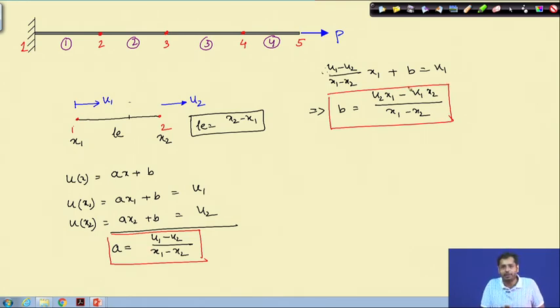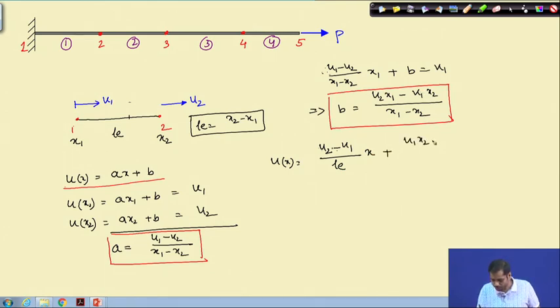Now, once we know a and b, if you substitute these in the expression, we get a functional representation of u. So, u(x) will be a into x plus b. If we substitute x2 minus x1 as LE, a becomes (u2 minus u1) divided by LE, and then into x plus b, where b becomes (u1 x2 minus u2 x1) divided by LE.